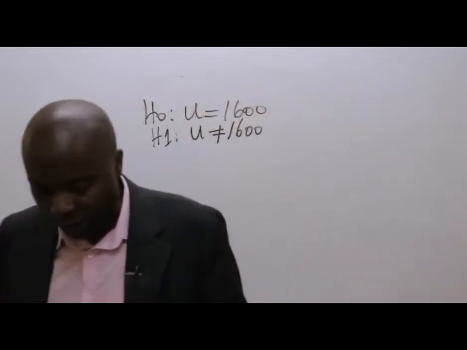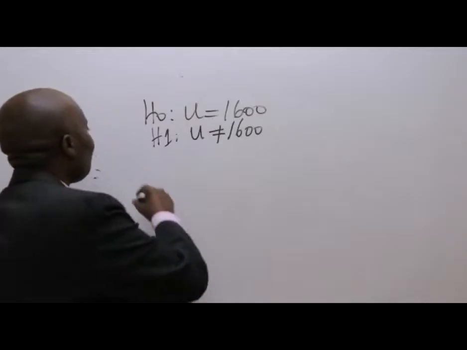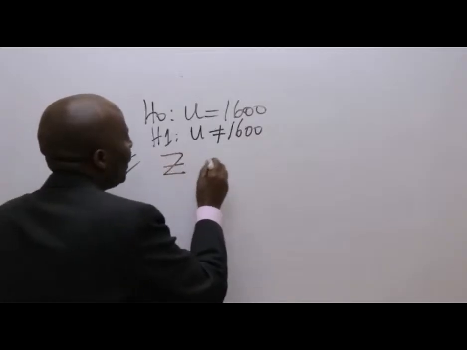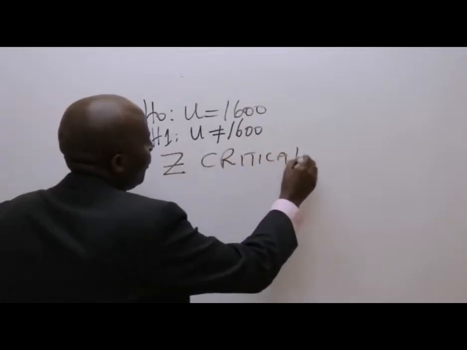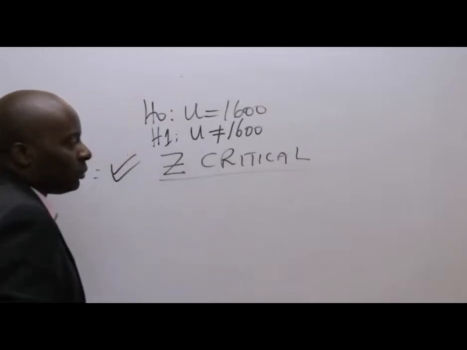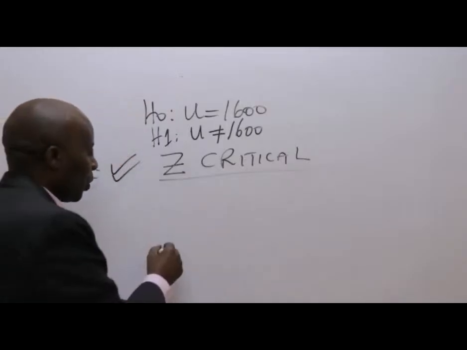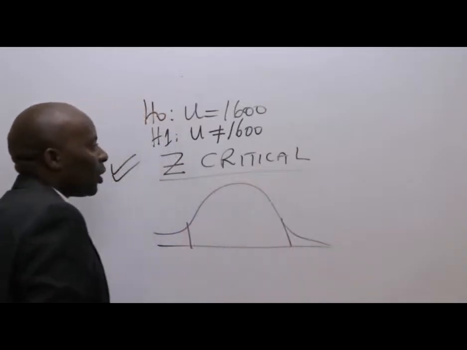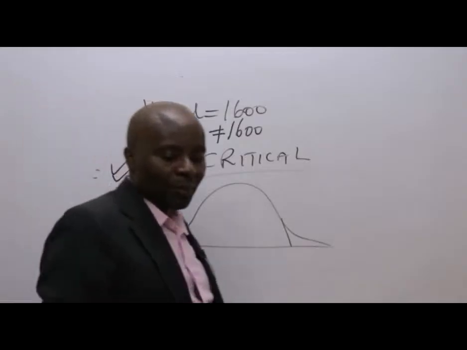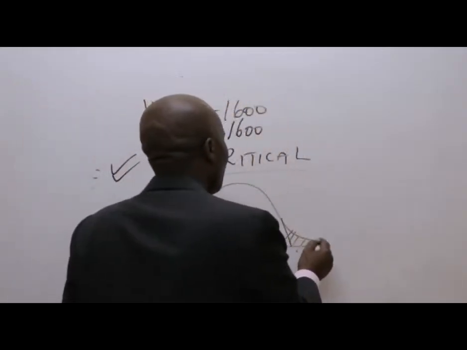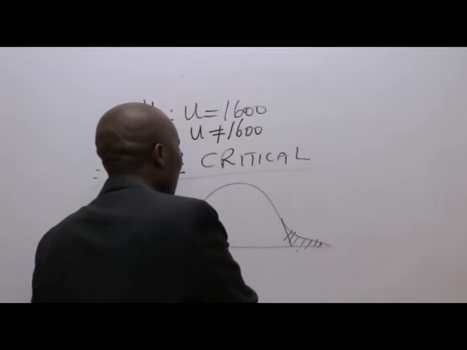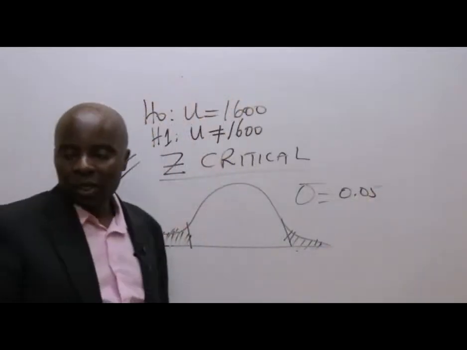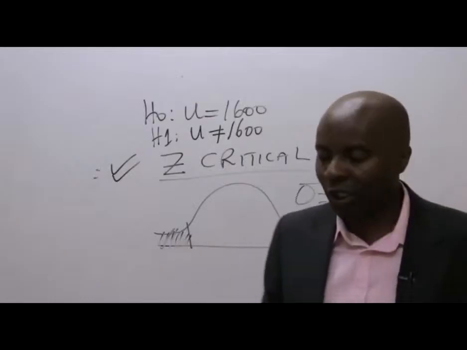Step number 2, ladies and gentlemen, given that this is a large sample, give us the Z critical. We have to draw our good diagram. The examiner has told us that the level of significance is 5%, which is 0.05.